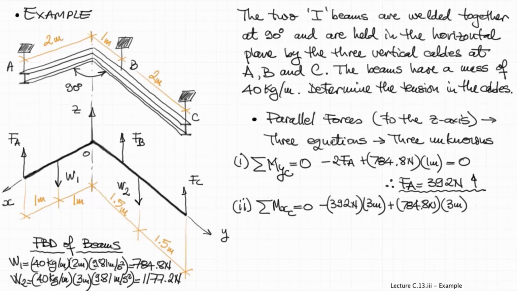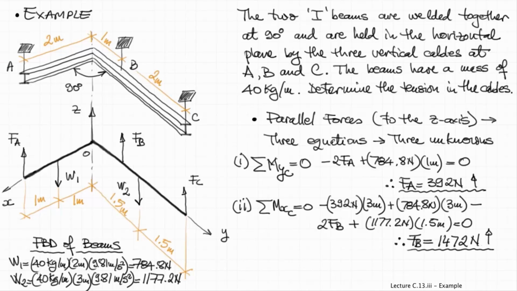So let's write this equation, FB, and now the weight, W2, equal 0. And from here, if we solve this equation, FB results as being 1472 newtons, of course in tension as well.